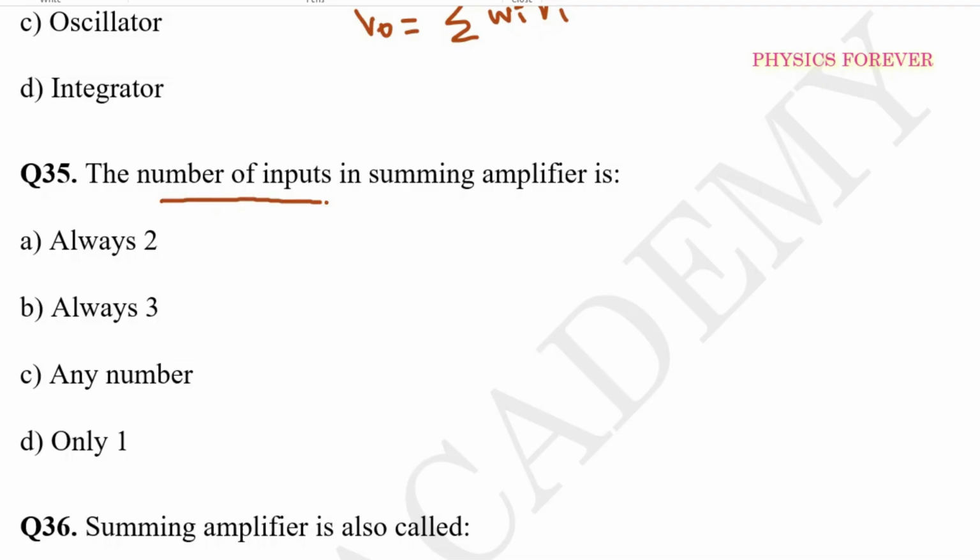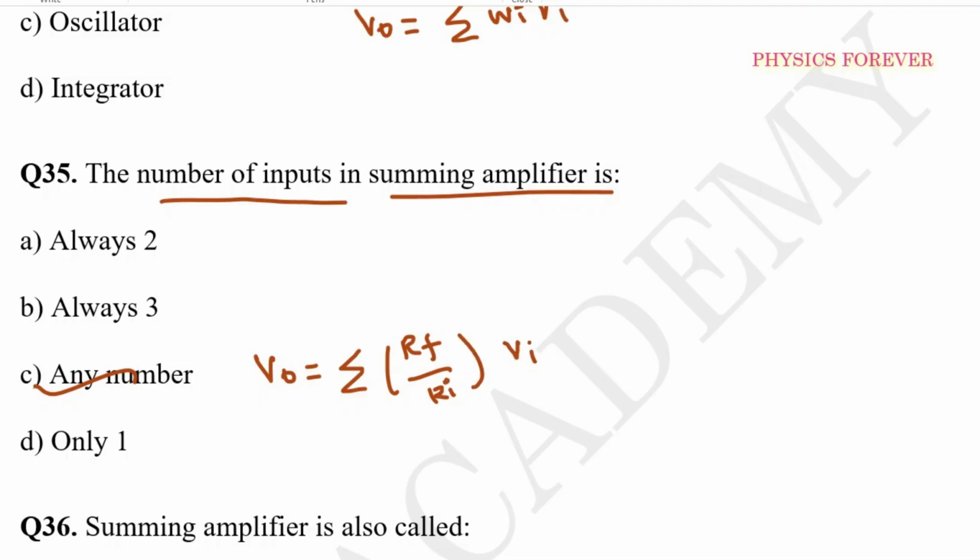The number of inputs in a summing amplifier, this should be an easy question. How many inputs can a summing amplifier have? It can be any number, so multiple inputs can be allowed. V0 is equal to the summation of RF by RI into VI, where we give the number of inputs.